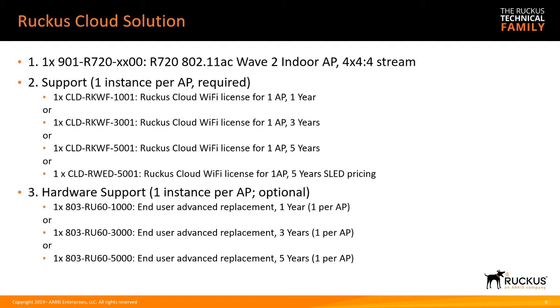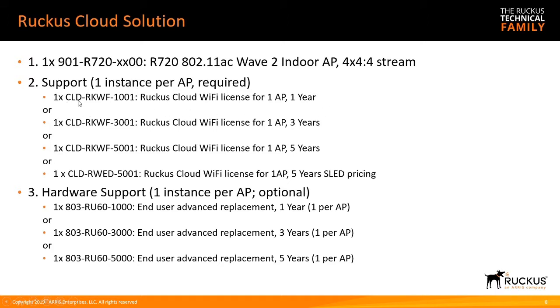In this case, we've chosen the access point SKU. Just as an example, they've got one R720 here. It's a 901, but again, it could be an Unleashed 9U1. Doesn't matter to us. So we've got the APs in there. Then we're adding the cloud Wi-Fi license.